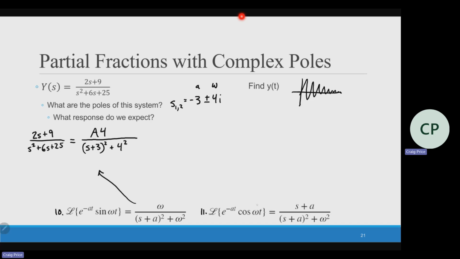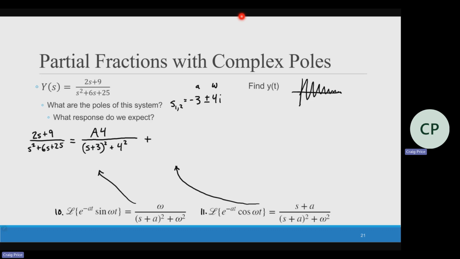We're also going to use cosine. Because I have two roots, I'm going to have two partial fractions. Basically, my output is going to be sinusoidal, or sine plus some kind of phase angle. You could also say it's a combination of sine and cosine. That's why I'm using both.